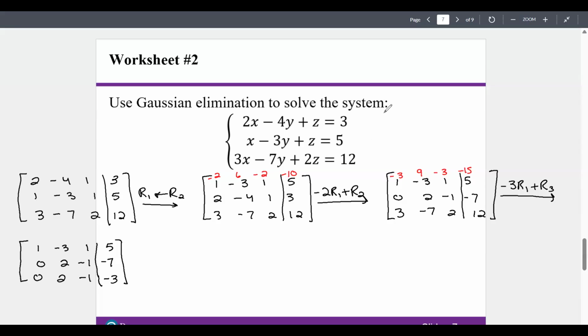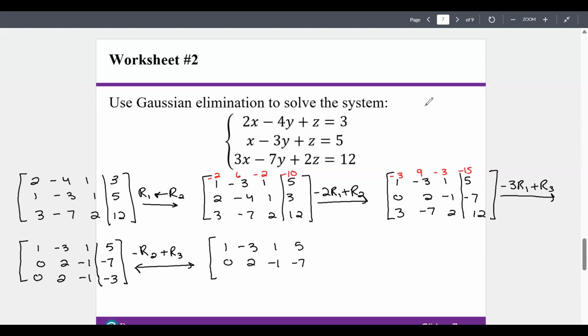So I'll just do one more. Let's see, we want this 2 to go away. Technically we want this to turn to a 1, but we already see where this is going. So we'll just say, if we do negative R2 plus R3, 1, negative 3, 1, and 5, 0, 2, negative 1, negative 3.